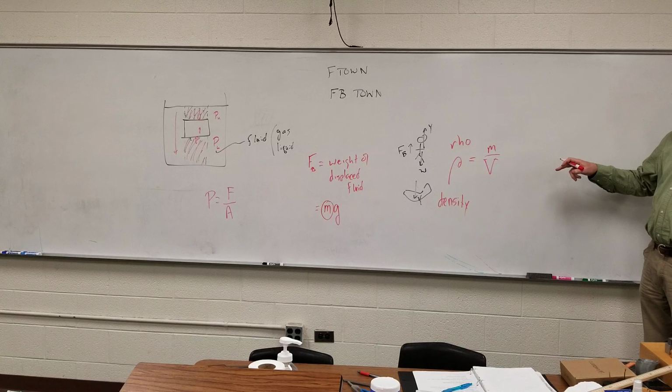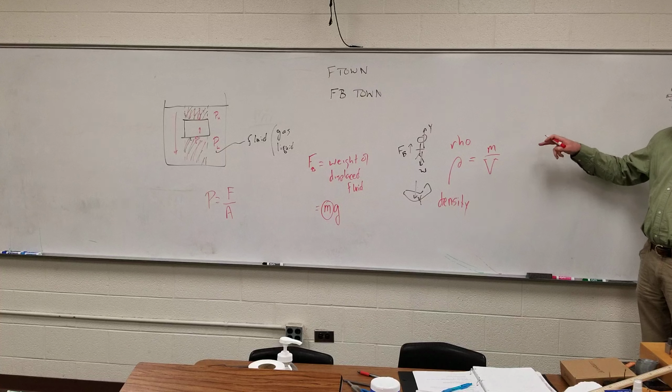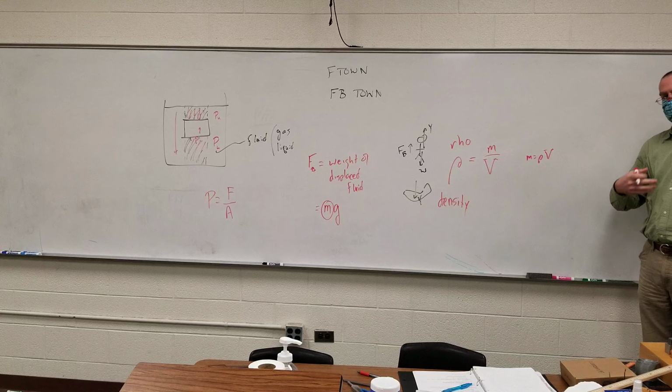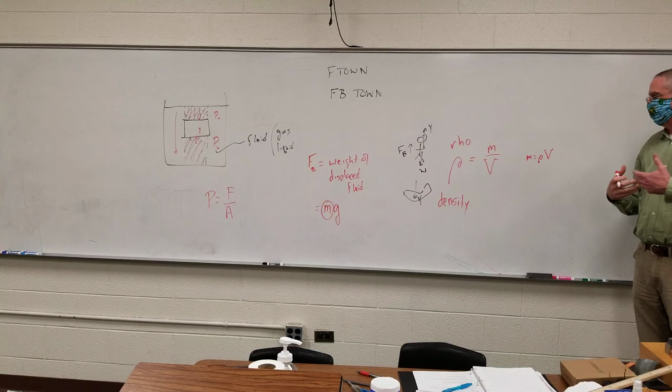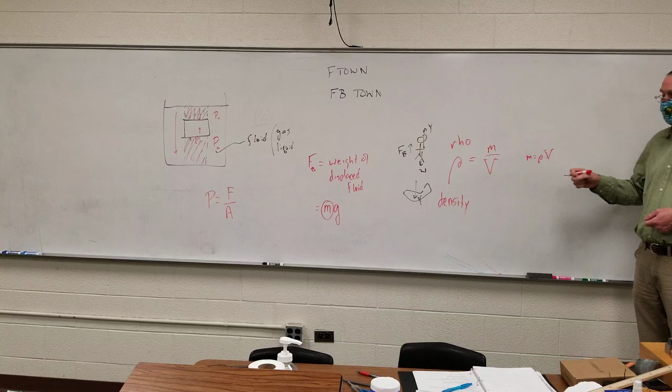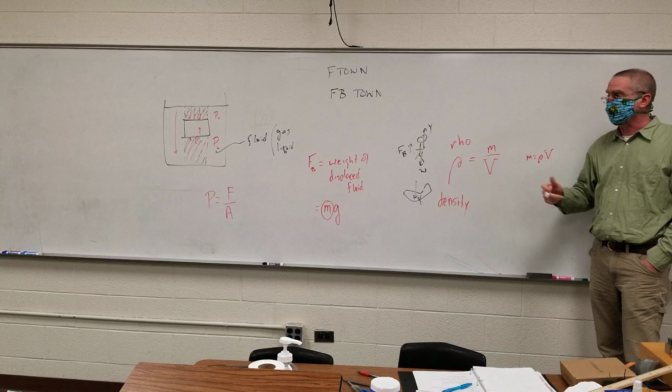And so, if density is mass divided by volume, then the mass is just the density times the volume. So if I know what my density is, it's roughly that of water, times my volume, I can find my mass. Or I can find my volume if I know my density and the mass. If I know two of these things, I can find the third thing.